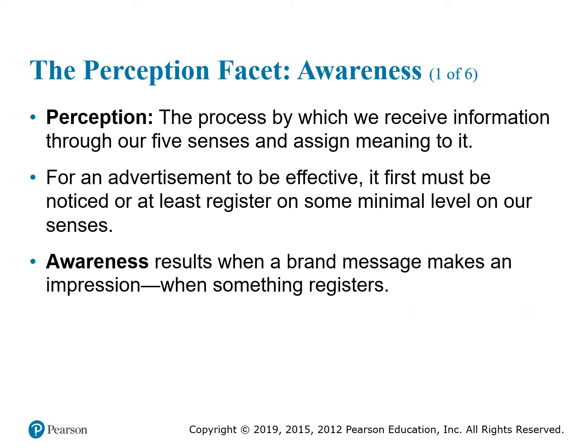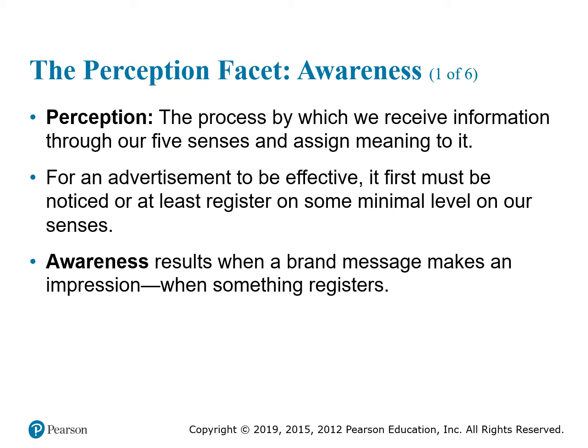The perception facet continued. Awareness, perception, is the process by which we receive information through our five senses. We talked about this at the beginning of the semester, where we love to feel products, taste them, smell them, see them, hear them. For an advertisement to be effective, it first must be noticed or at least register on some level.